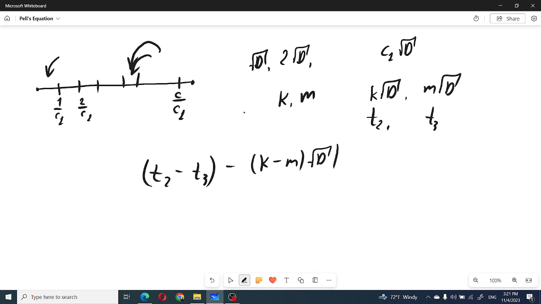This number has absolute value less or equal to 1 over c1. And what do we know about k minus m and t2 minus t3? Both of these integers must be less than c1, and we don't need any information about t2 and t3.